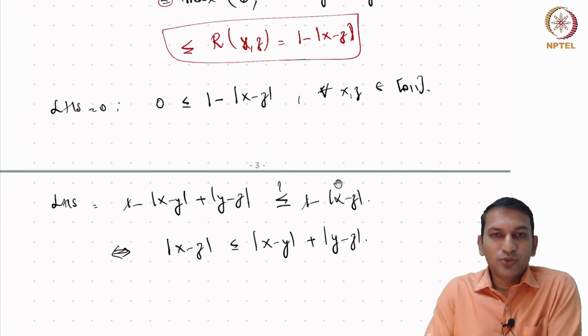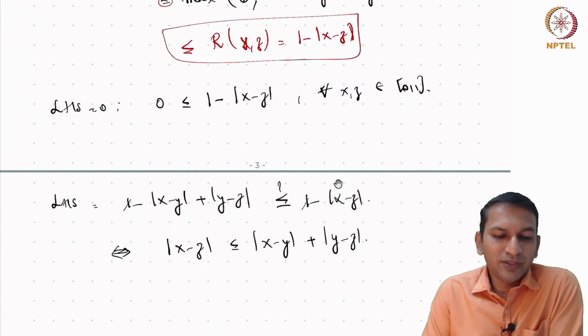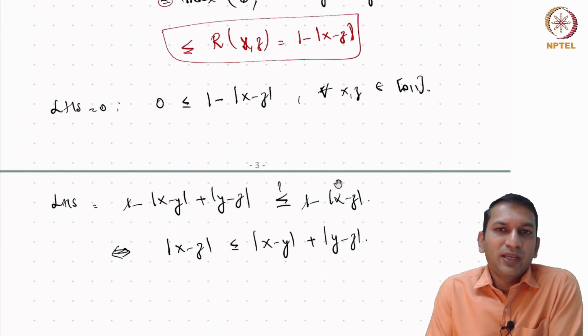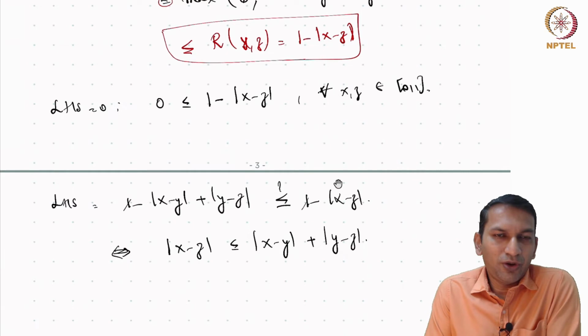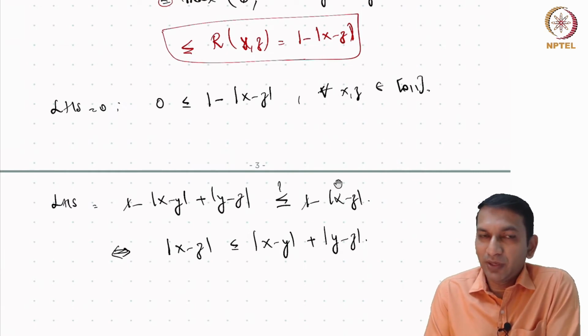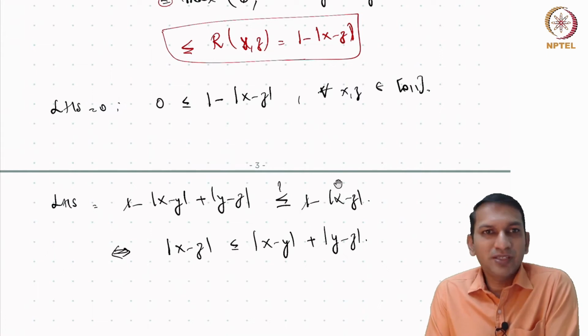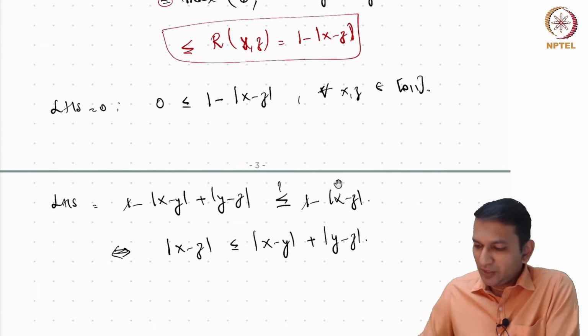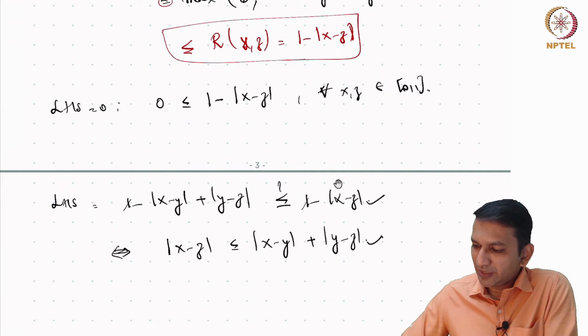But this is true. We know this is true because mod x minus y is nothing but a metric on the set X, and a metric satisfies the triangle inequality. In this case, mod satisfies the triangle inequality, which means this is true and hence this is true.